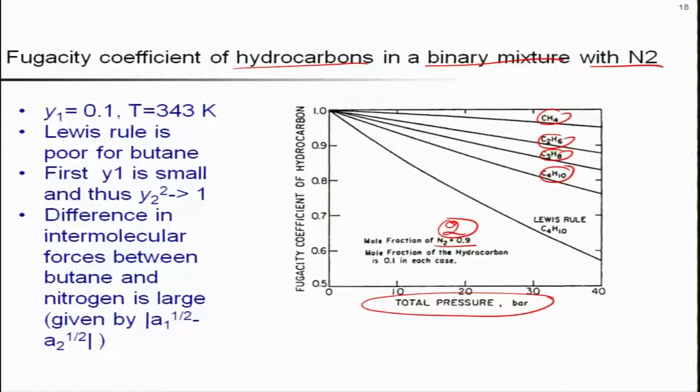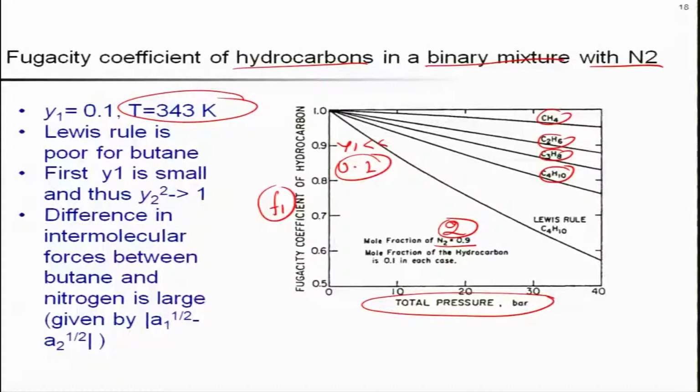For each of these we have considered a mole fraction of 0.1 for hydrocarbon, and the temperature is fixed. This is the fugacity of component 1, f1. Now, in this case y1 is much less than 1, 0.1, it is very much lower than 1.